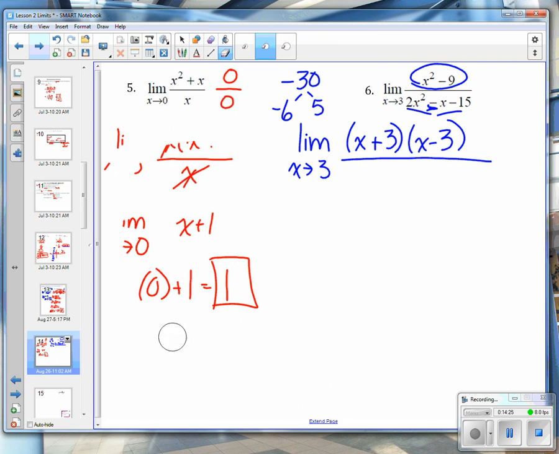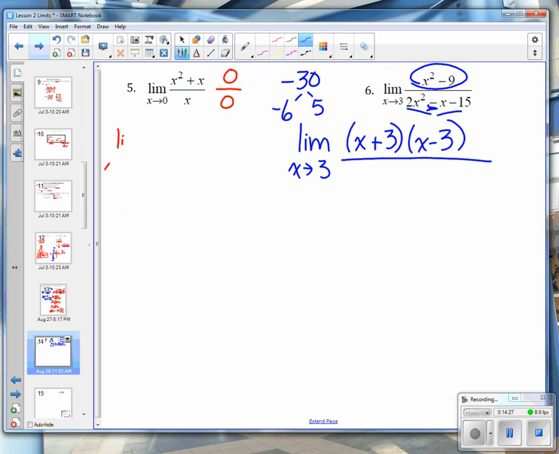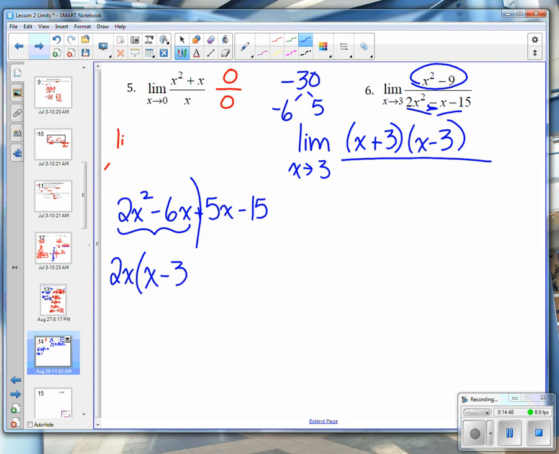So with the PSA2 method, that means that I have to rewrite my equation. So I've got 2x squared minus 6x plus 5x minus 15. Remember, we just cut that right in half, and I factor my first two terms, which is 2x, and I'm going to be left with x minus 3.